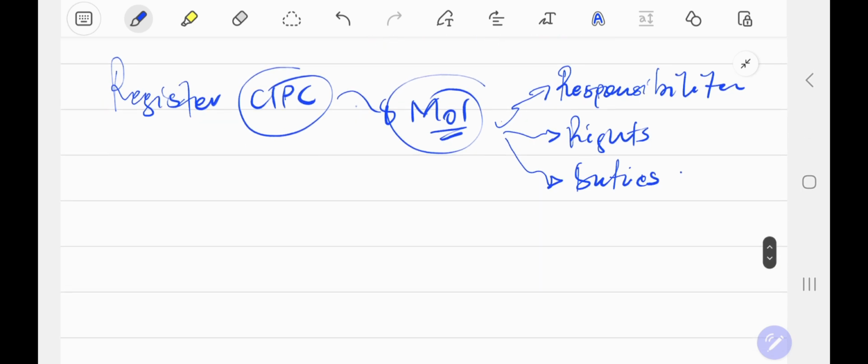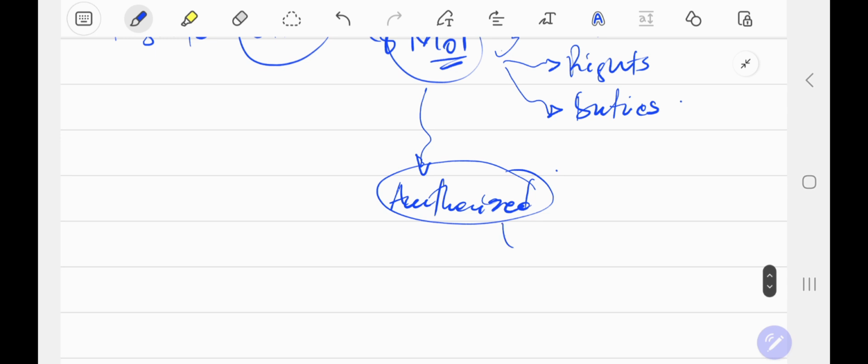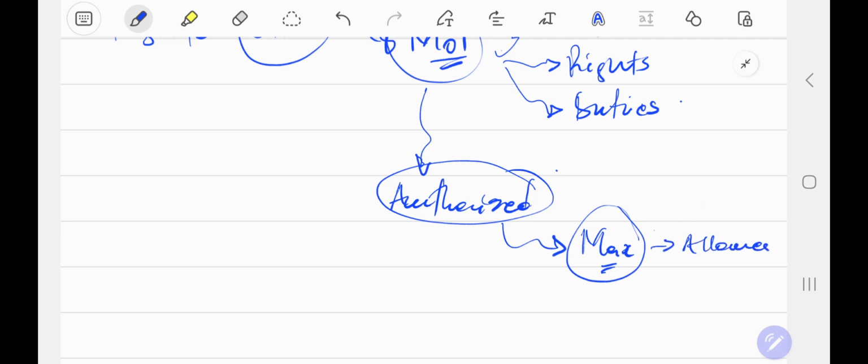Among those things, the memorandum of incorporation will talk about something called authorized shares. In simple terms, authorized shares is the maximum number of shares that the company is allowed to sell to the public. So this is the cap. The memorandum of incorporation is going to detail how many shares the company is allowed to sell to the public.